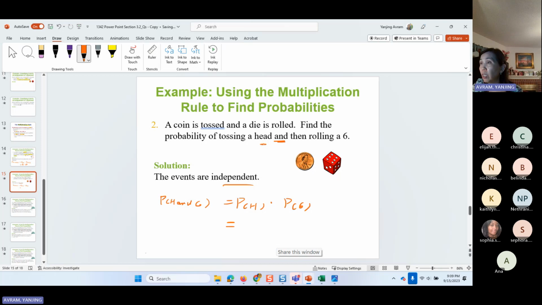The probability of a head on a penny is 1 out of 2. For a 6, I have 1, 2, 3, 4, 5, 6, so there's only one 6 out of a total of 6. Multiplying these two together, we get 1 out of 12. So you have a 1 out of 12 chance of tossing a coin and rolling a die and getting a head and then a 6.